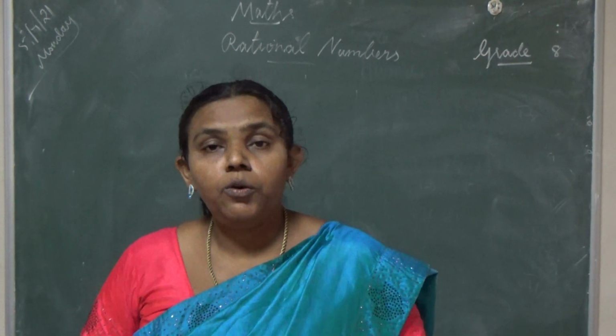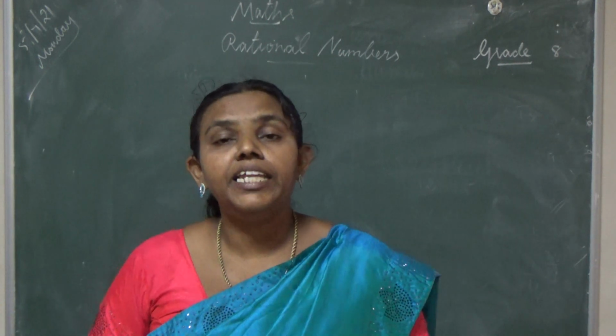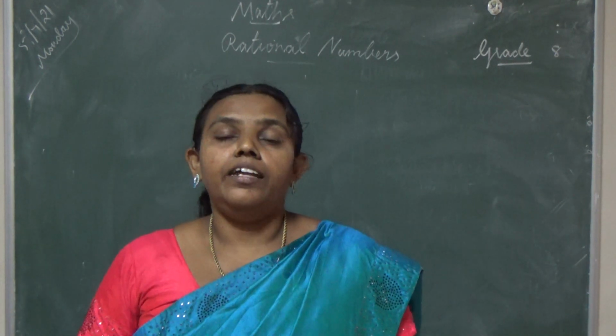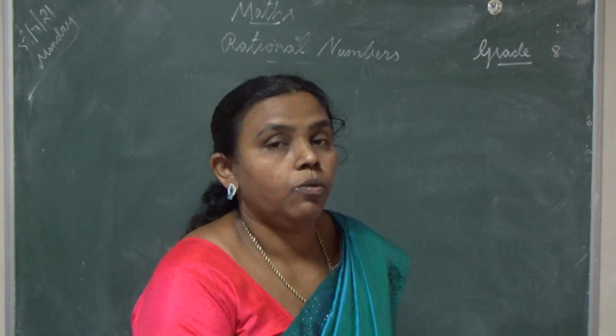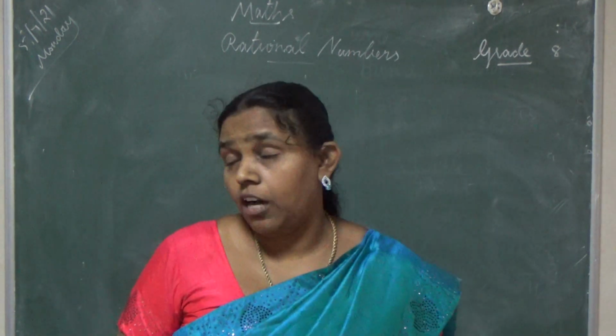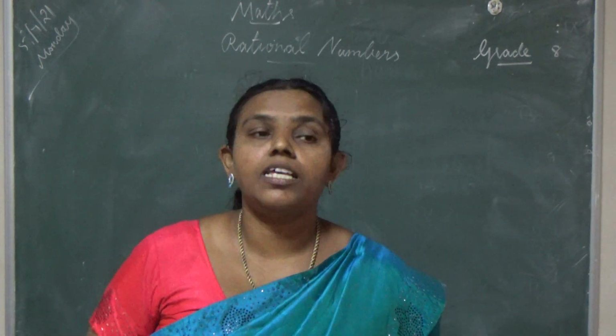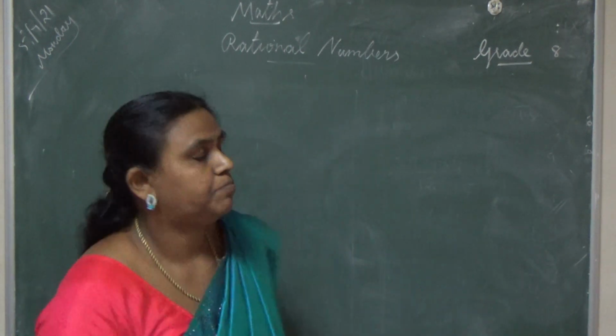If you have completed the homework, then you will be very thorough in addition and subtraction of rational numbers. So today I'll teach how to multiply and divide the rational numbers. After that we will go to the properties of rational numbers.